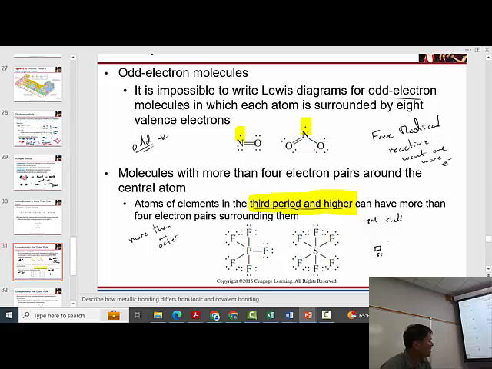If you do 3s, you have 3p. I'll draw boxes for these. And then what comes after 3p? 4s. And then after 4s? 3d. And then after 3d? 4p.